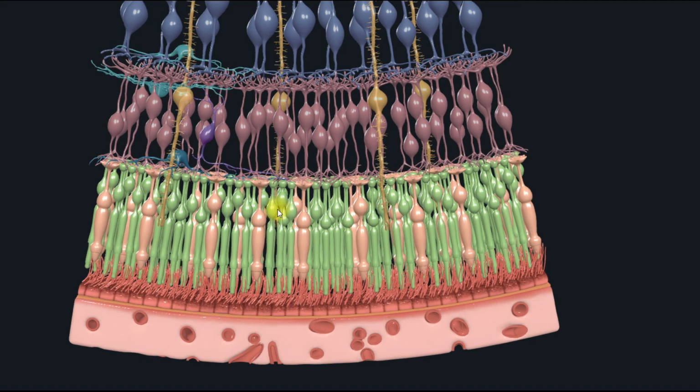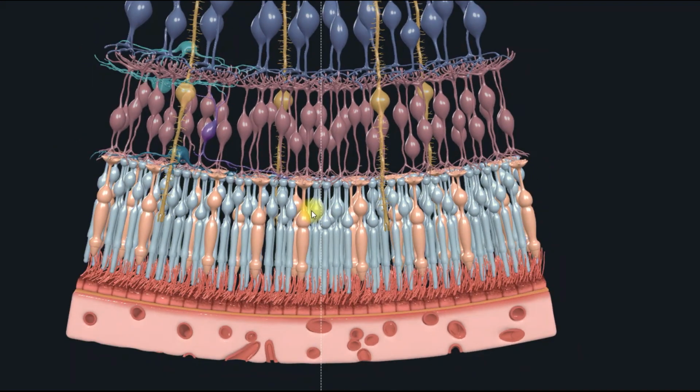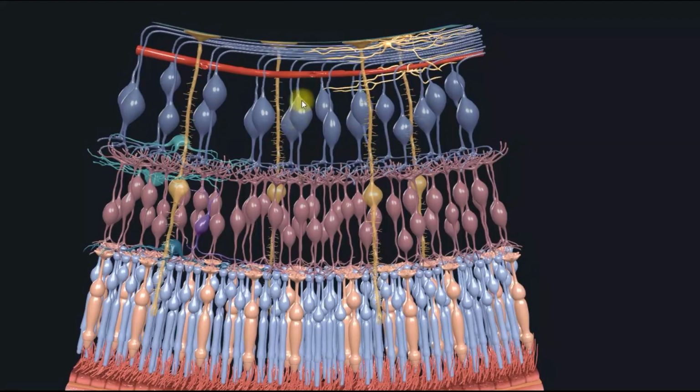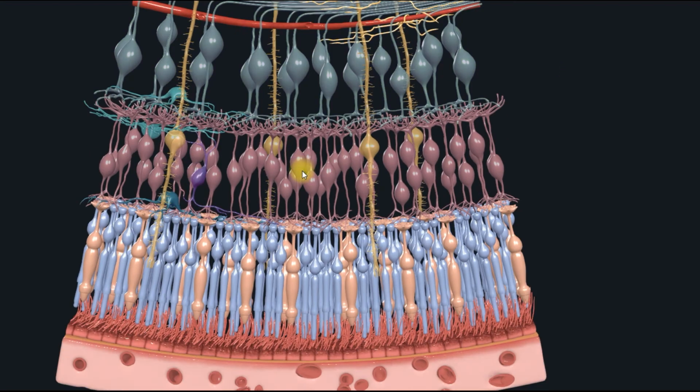First, the visual cells, which receive the visual information. Next is the layer of bipolar neurons. And third is the retinal ganglion cells, which direct their axons to the optic disc and form the optic nerve.